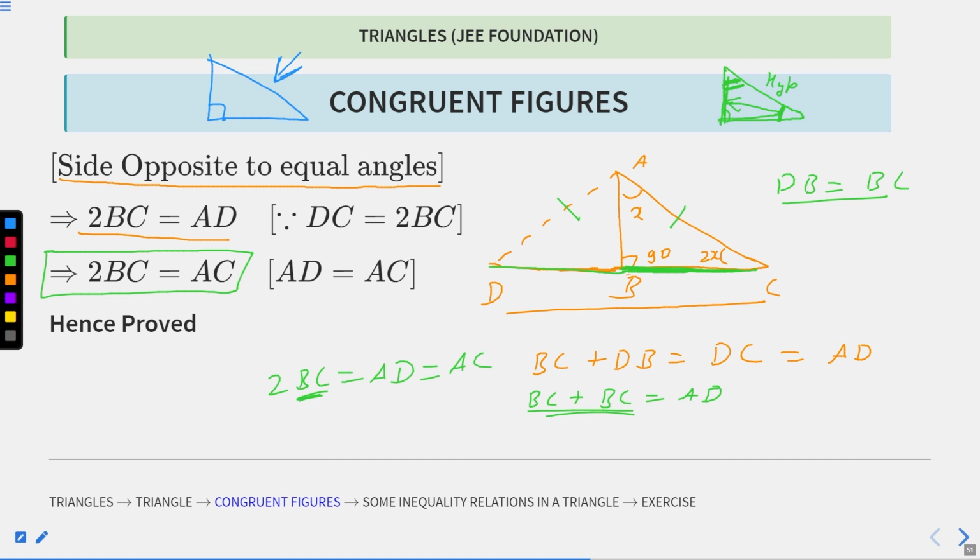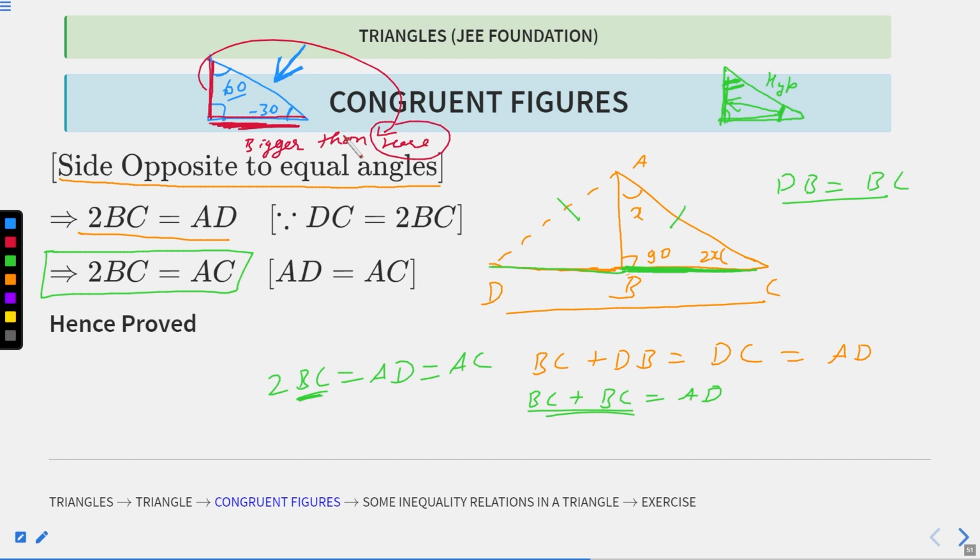Here is 60 degrees, and here is 30 degrees. If you compare these two sides in length, you will get that this side is bigger than the side here.